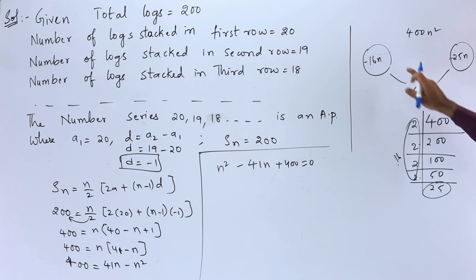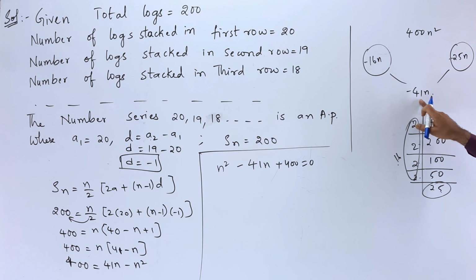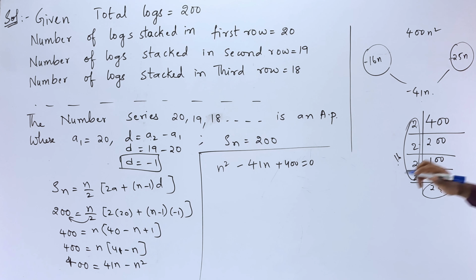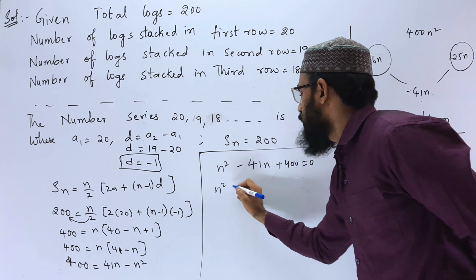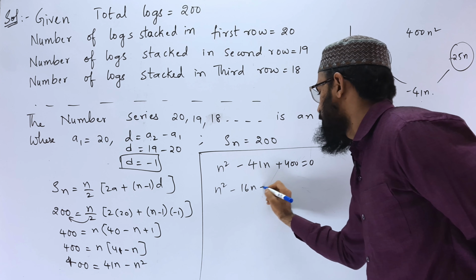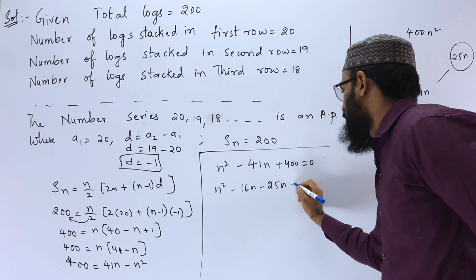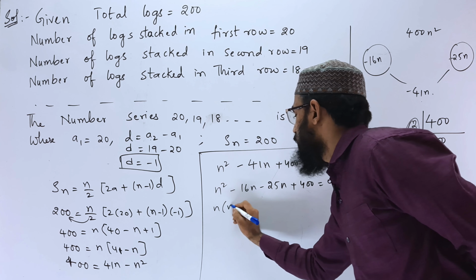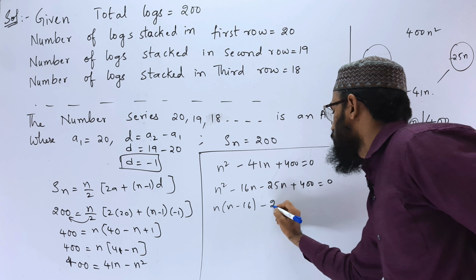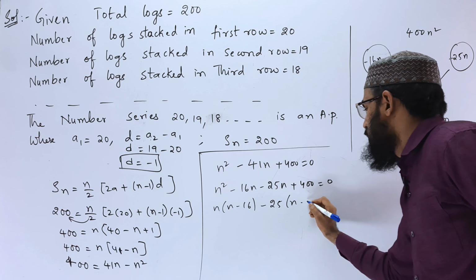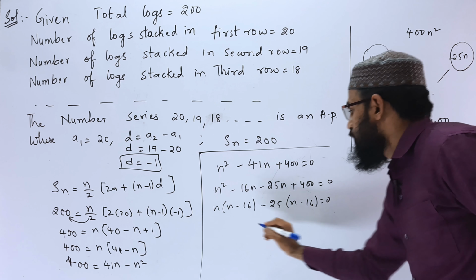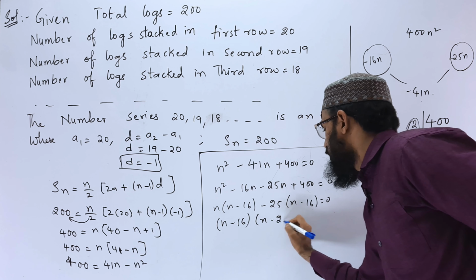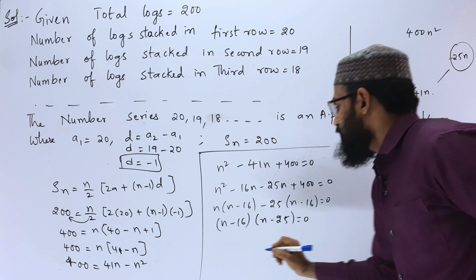Now in place of minus 41n, we will substitute minus 16n minus 25n. So n square minus 16n minus 25n plus 400 is equal to 0. n will be common: n into (n minus 16) minus 25 into (n minus 16) is equal to 0. So (n minus 16) will be common, and (n minus 25) is equal to 0.